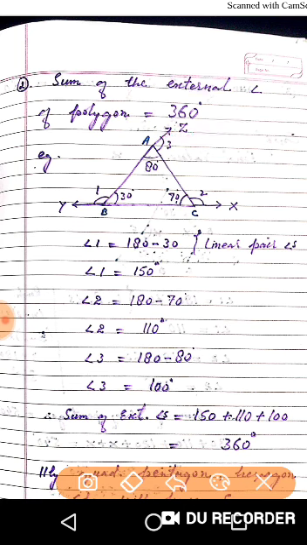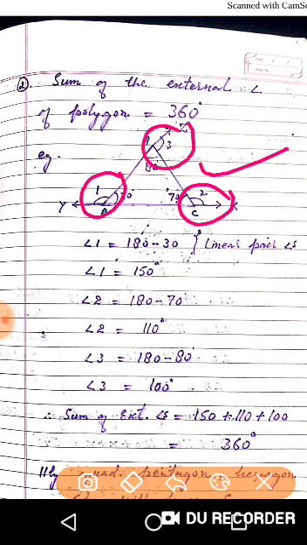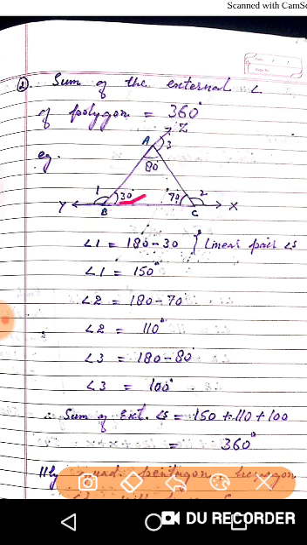Let us take an example here. Example of a triangle. Say ABC is a triangle, and angle 1, angle 2, angle 3 are its external angles. Internal angles I have given here 30, 70, and 80.